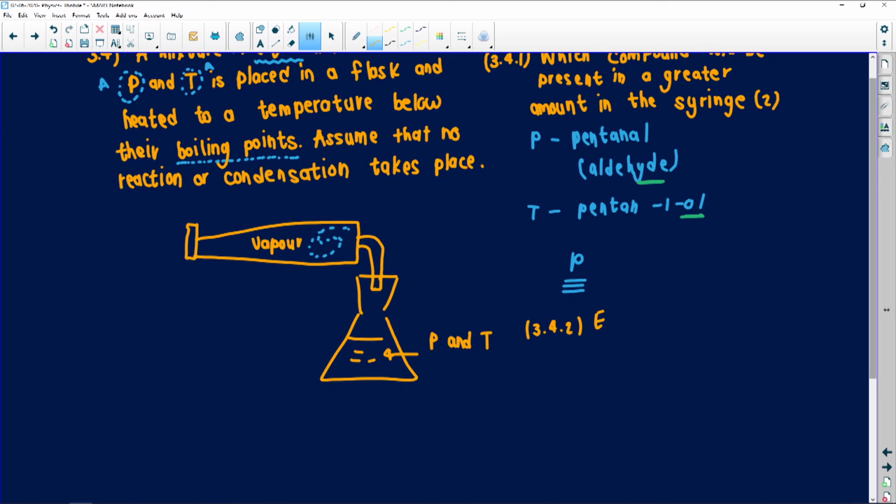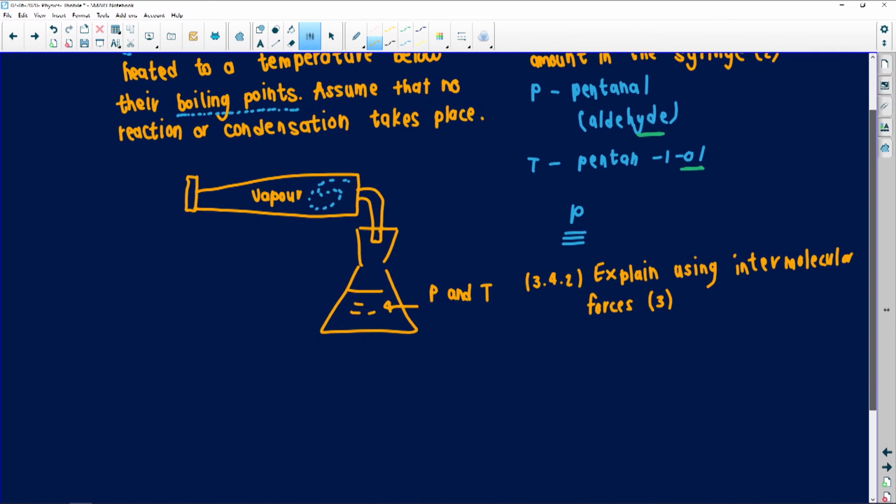So I'm just going to say explain using intermolecular forces. Now guys, you must remember, you were first introduced to intermolecular forces in grade 11. Explain using intermolecular forces, and this is now for 3 marks.